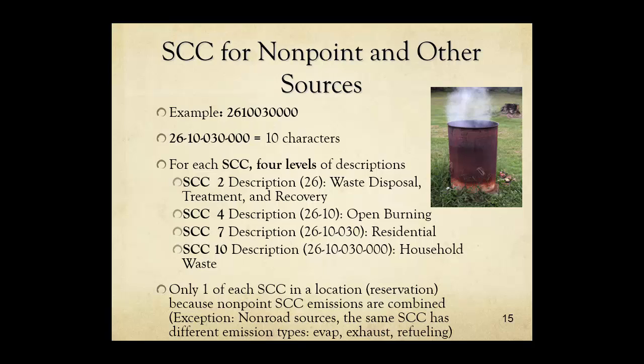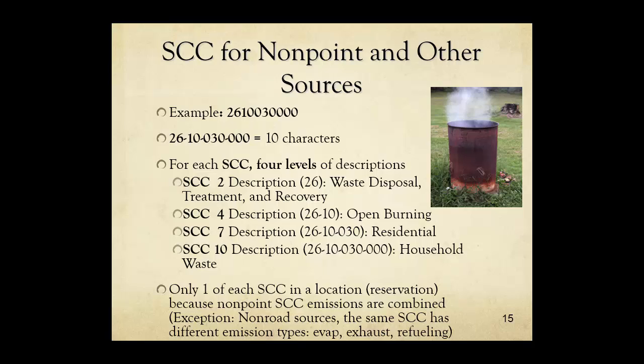You can't have duplicate SCCs in one location, say a tribe, for non-point sources, which makes sense because non-point sources are sources that individually don't qualify as a point source, but collectively they can emit a lot of the pollutant.